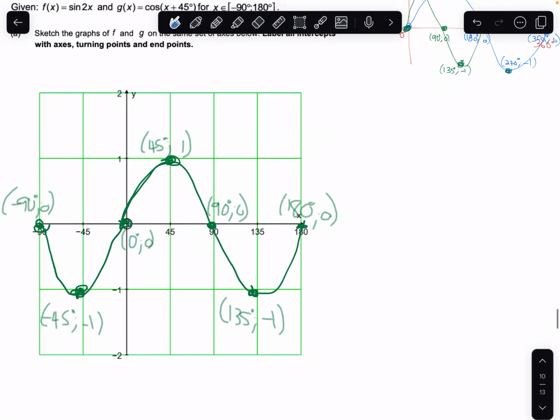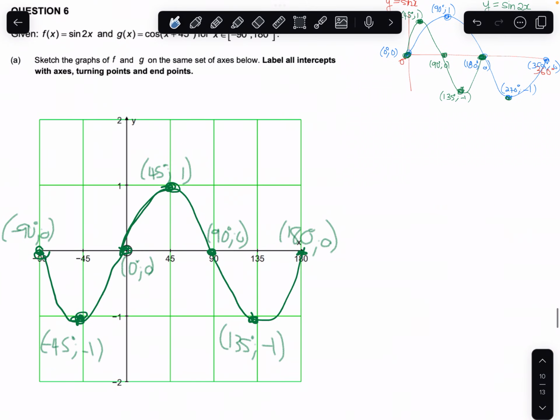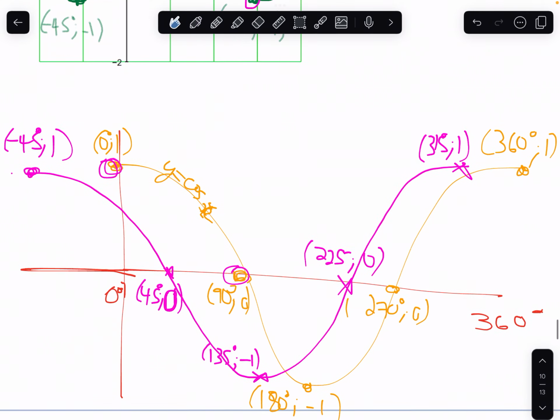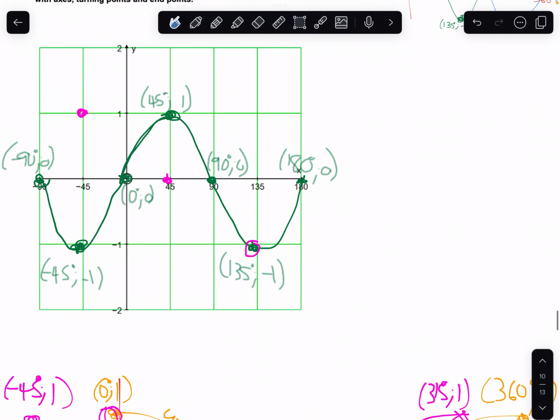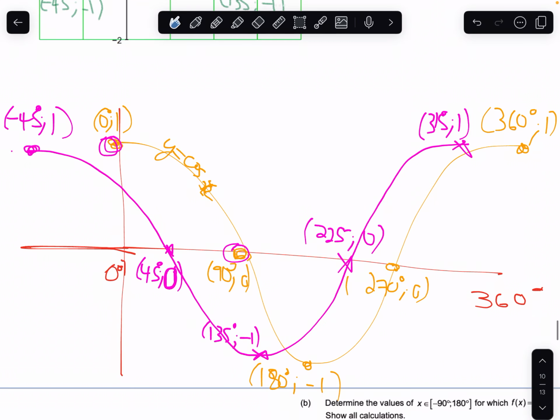So first up, we have negative 45 and 1. And then the next point we had was 45 and 0. And then 135 and minus 1, right? Yes. And then 225 would be the next x-intercept. So 180 is going to be somewhere there.